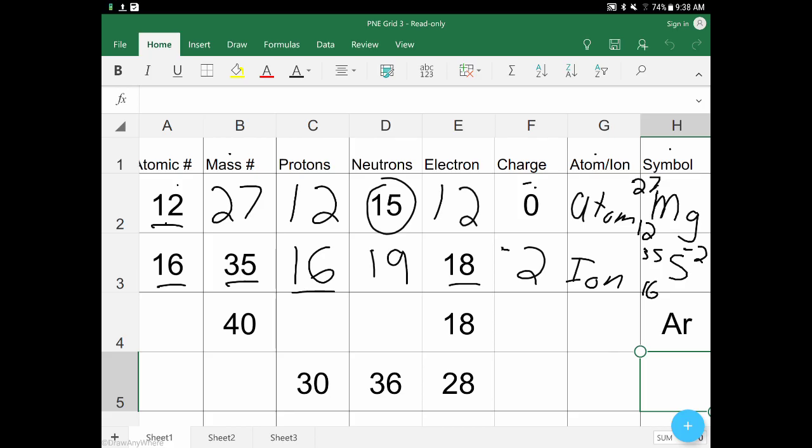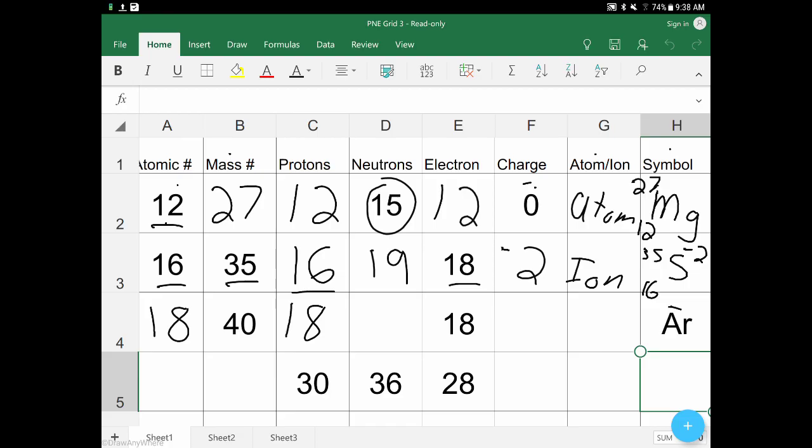All right, next. This one doesn't give us the atomic number, so we're going to have to figure that one out for ourselves. Oh, actually, I lied. This one does give us the symbol, so we can figure that out real easy. We just look up argon on the periodic table, and that happens to be atomic number 18, which means it has 18 protons.